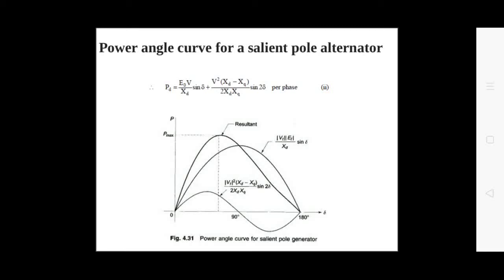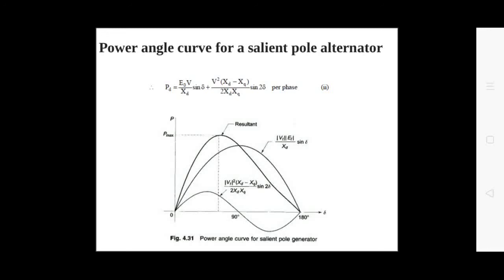This equation contains 2 terms. The second term has twice the frequency compared to the first term. So coming to the plot, you can see the second term completing a full cycle in the 0 to 180 degree span, whereas the first term completes only half the cycle.